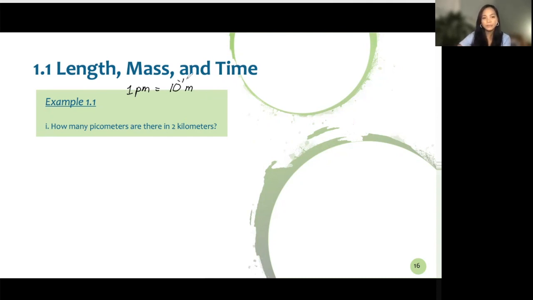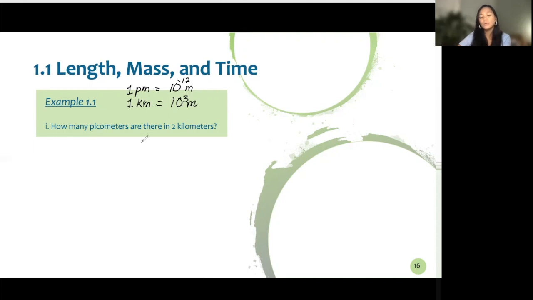Negative 12. Next, 1 kilometer, how many meters is that? Do you still remember? Yes, that's 10 to the 3.